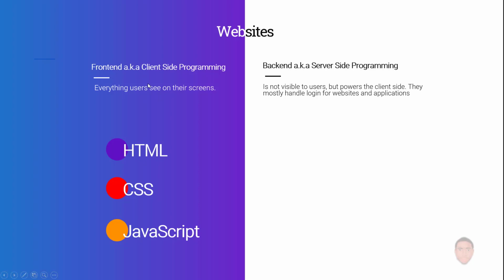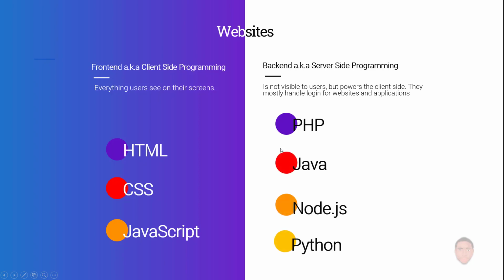When it comes to what you can see in your browser, these are usually the culprits: HTML, CSS, and JavaScript. Now for the back end, we have things like PHP, we have Java, we have Node.js, we have Python, and so many other languages out there.